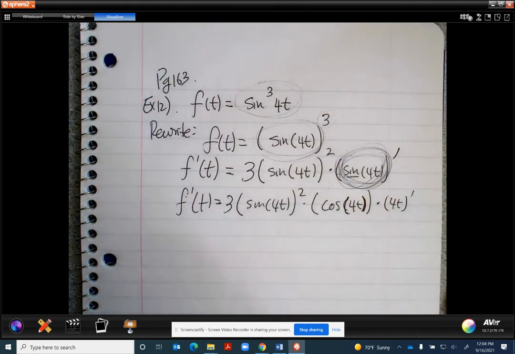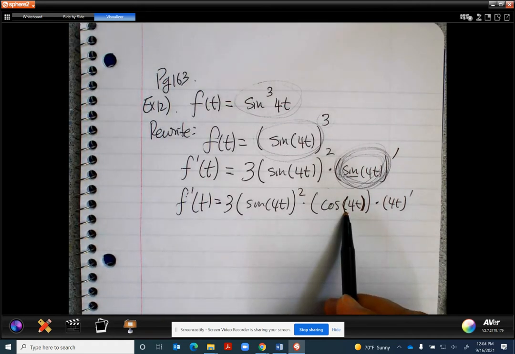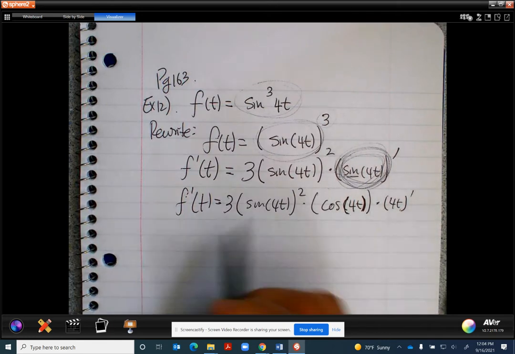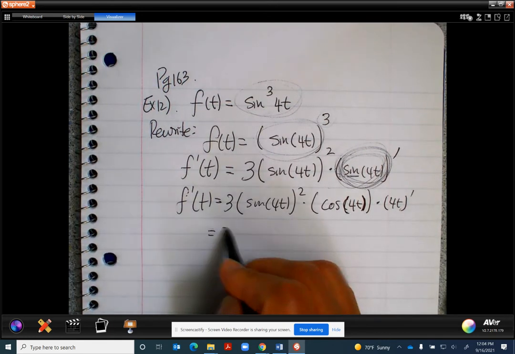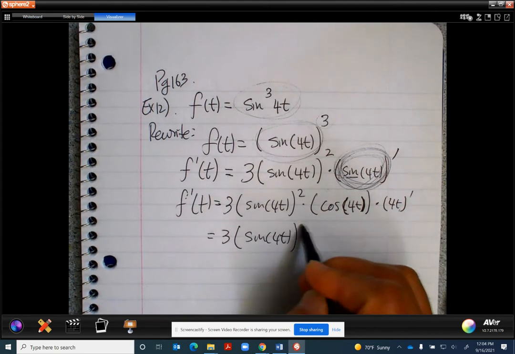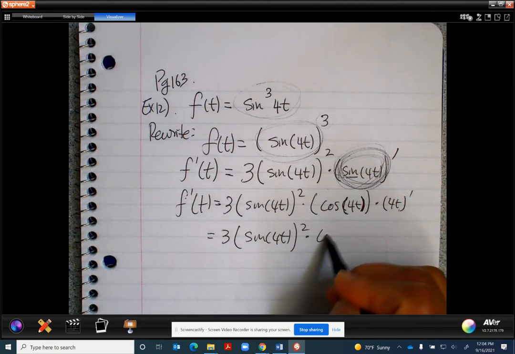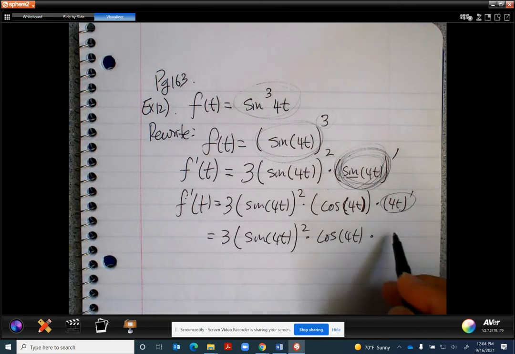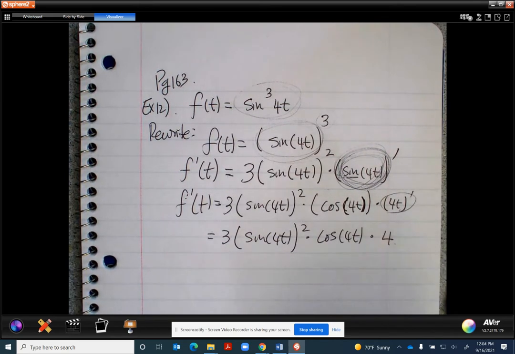How many of you guys see what I just did? Alright, that's not good. We need to practice. So again, there's an extra parentheses inside. We need to take the derivative of that. If I simplify this, this is 3 sine 4t squared times cosine 4t times the derivative of that, which will give you 4.